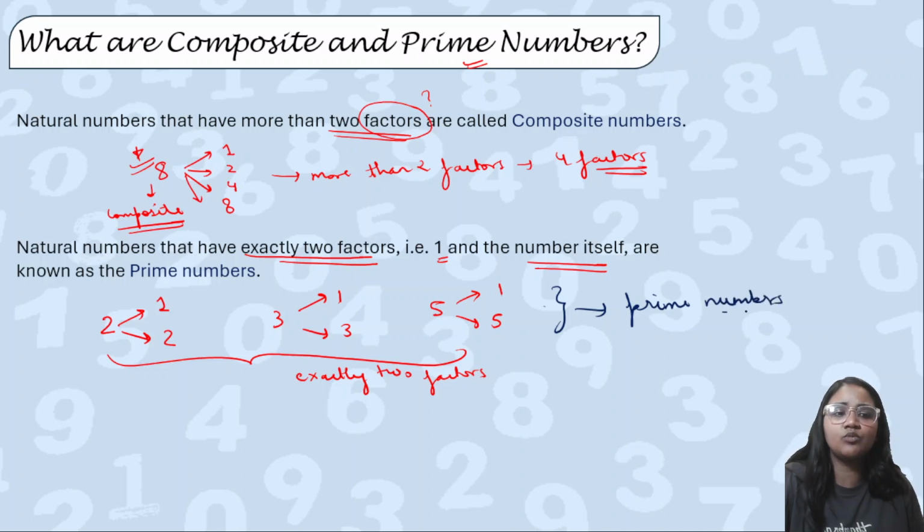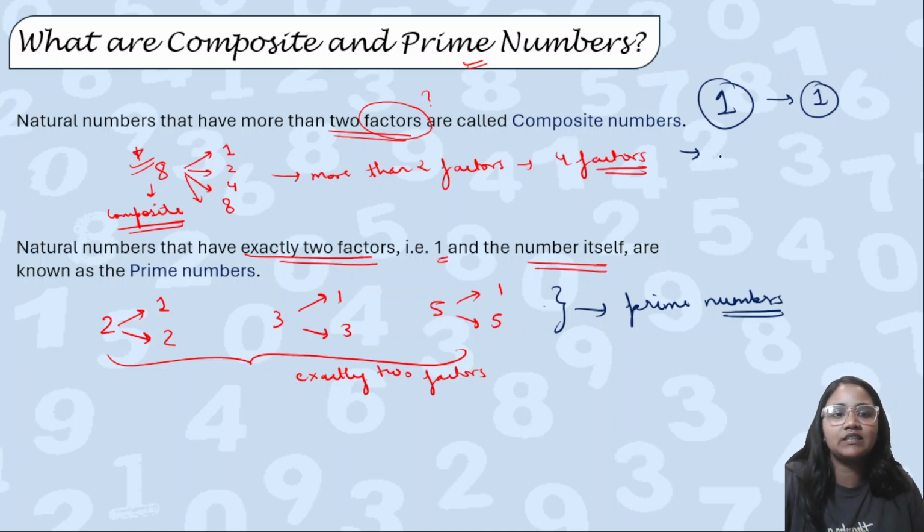Now let's discuss one important thing, that is about 1. What is 1? Can you think, is 1 a composite number or a prime number? No. If I go with the definition, a composite number is a natural number which has more than 2 factors. So do you know how many factors 1 has? Just 1, that is the number itself, right? So it doesn't have more than 2 factors, neither does it have exactly 2 factors.